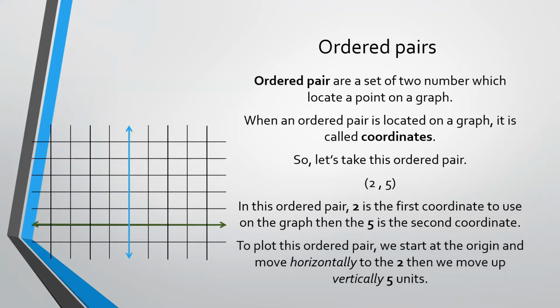To plot this ordered pair, we would start with the origin and move horizontally to the 2, and then we would move up vertically 5 units. And then there's our point.